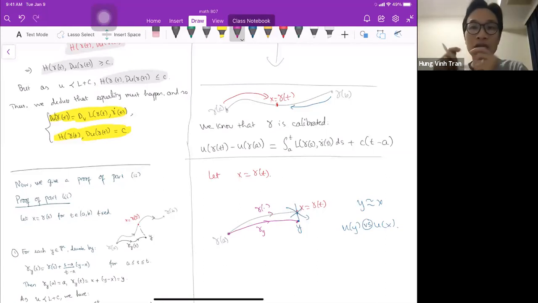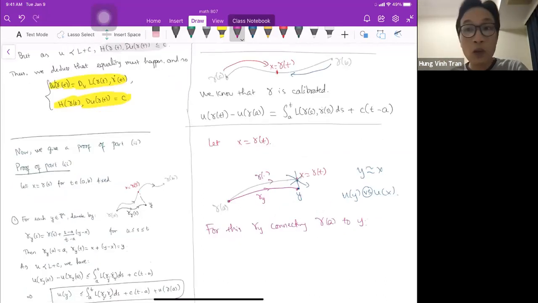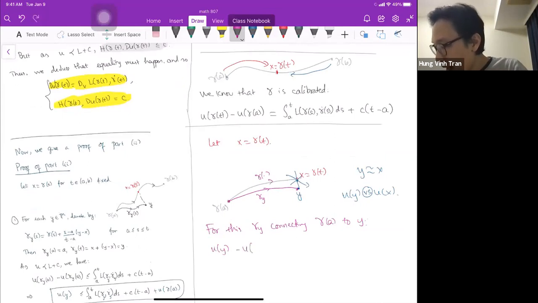And once I'm able to create gamma y, then I notice the fact that for this gamma y connecting gamma a to y, I have a natural inequality because u is bounded by L plus C. So I should have that u of y minus u of gamma y of a, which is just u of gamma a, is less than or equal to the integral from a to t of L of gamma y dot ds plus c of t minus a.